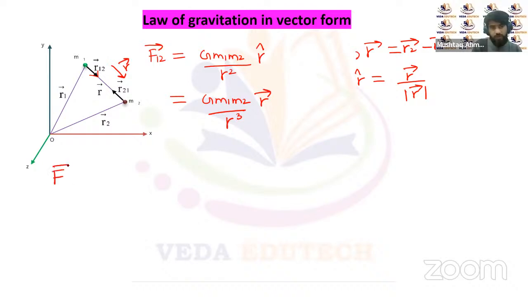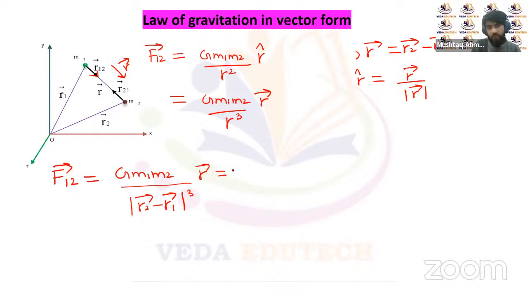So the net force in vector form will be equal to G m1 m2 upon the magnitude of r2 vector minus r1 vector, cubed, multiplied by this r vector, and this r vector is equal to r2 vector minus r1 vector.